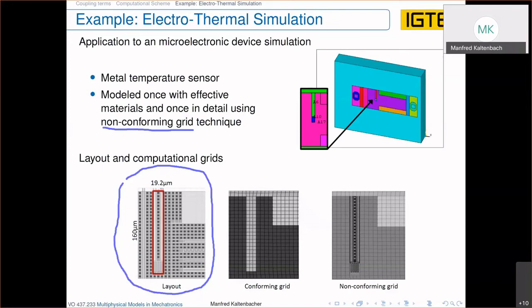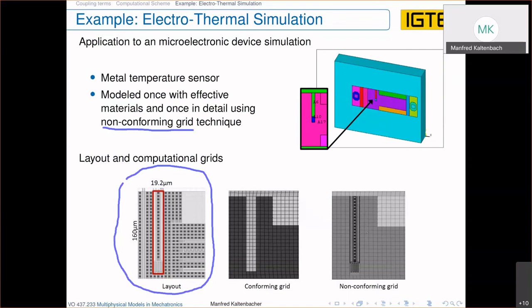On the other hand, we used the following, that we resolved the details, but since in the ambient region we can have quite large element sizes, we used non-conforming grids, which means that immediately at the interface the element size can jump and you have a non-conforming grid. That needs special treatment.